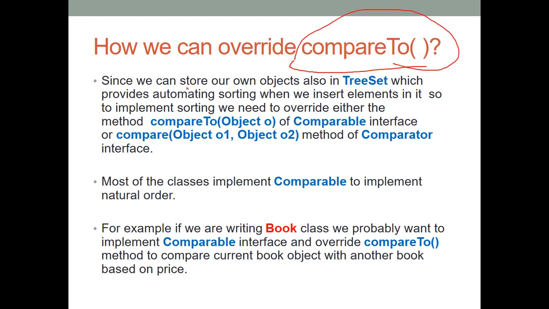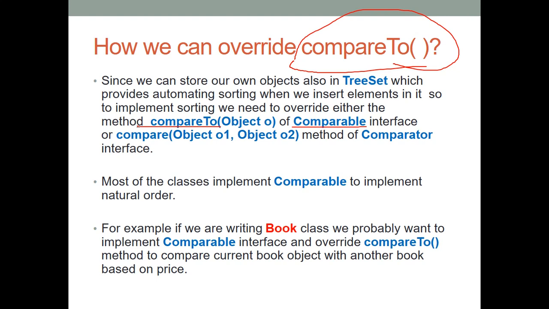Since we can store our own objects in the TreeSet, which provides automatic sorting when you insert elements, if the Book class implements the Comparable interface, you have to override the method called compareTo and do this.